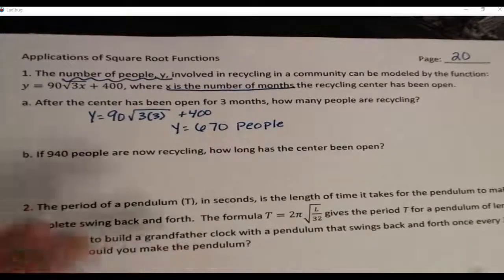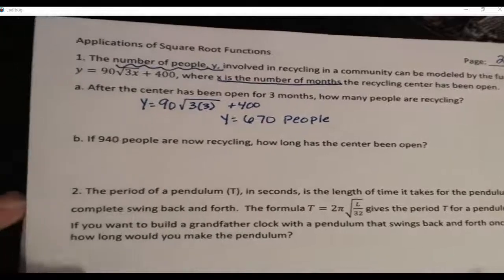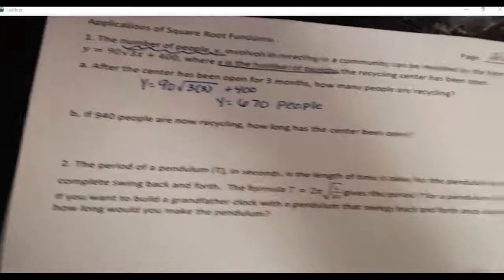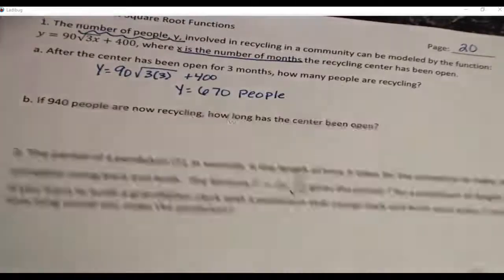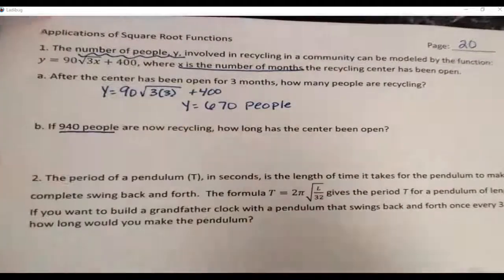Okay, let's look at B. So B says, if 940 people are now recycling, how long has the center been open? So if I have 940 people, is people X or Y?